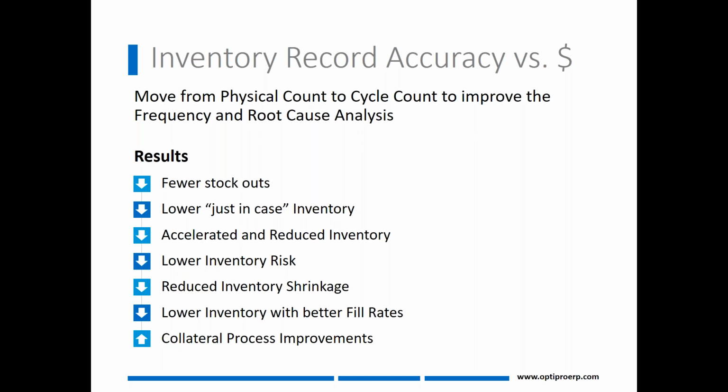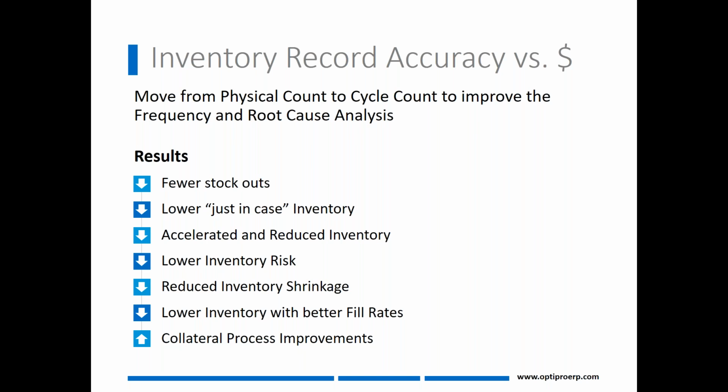Fewer stockouts. We don't have just-in-case inventory, which is a bubble in inventory to cover the inaccuracies in our business processes. We accelerate the inventory through the organization, through your manufacturing processes, thereby reducing the inventory.